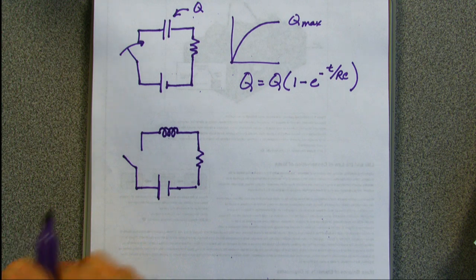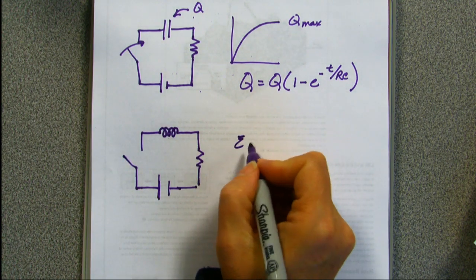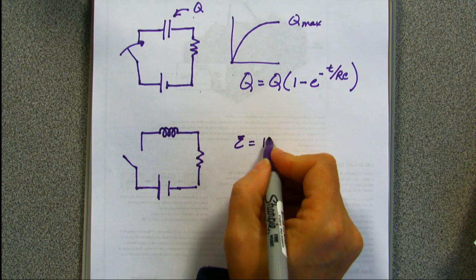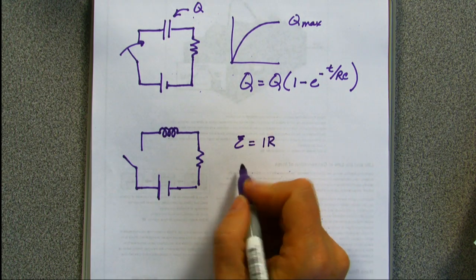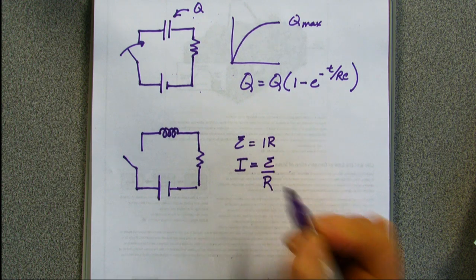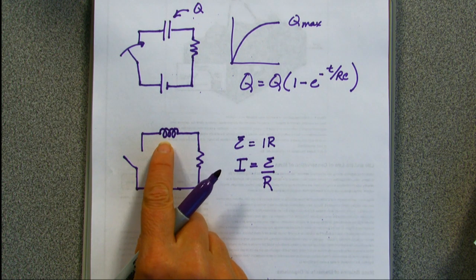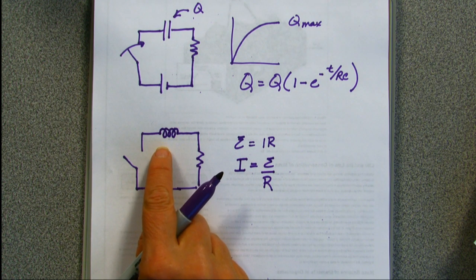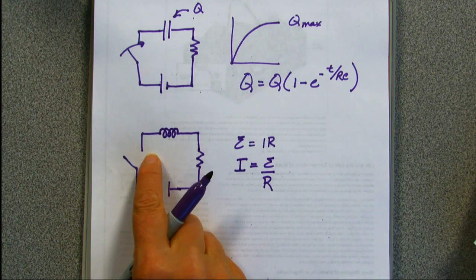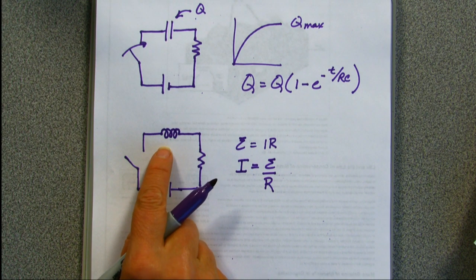When I throw the switch, remember I have EMF equal to IR, so the current is equal to EMF divided by the resistance. But this thing is resisting the current in the system until I get current established, because it wants to resist a changing current. So it's going to resist it.